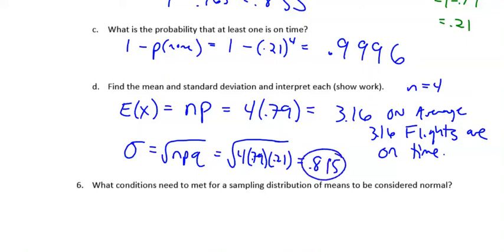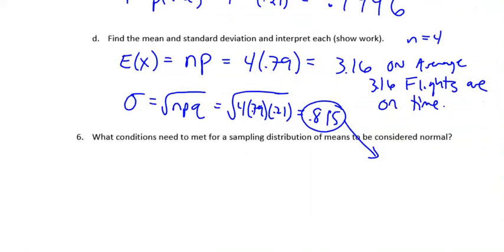Okay, interpretation is going to go down here, and I'm going to say, what does that mean? So, on average, remember, standard deviation is an average, right? It's how far away you are from the mean on average.